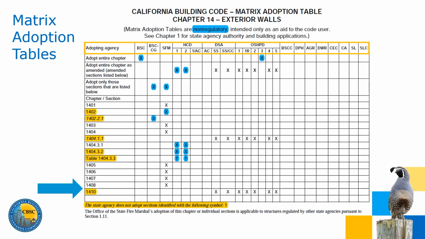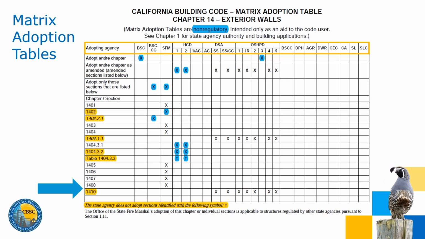You may notice that Section 1409 about plastic composite decking is not listed on this MAT. This means that an agency adopting the whole chapter adopts this section. An agency adopting the whole chapter with amendments adopts this section without any amendments. And an agency adopting only certain sections does not adopt this section.